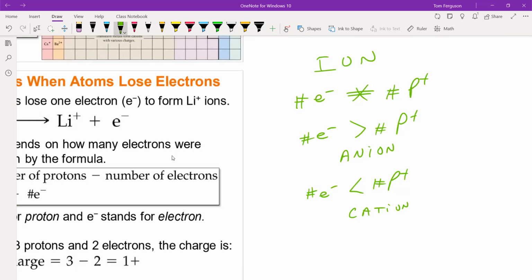Okay, one way to remember that is that the T looks like a plus, and the N is negative. So there are 3 kinds of situations. We have neutral, that means electrons equal protons. More electrons, we have an ion, an anion. More protons, we have a cation.